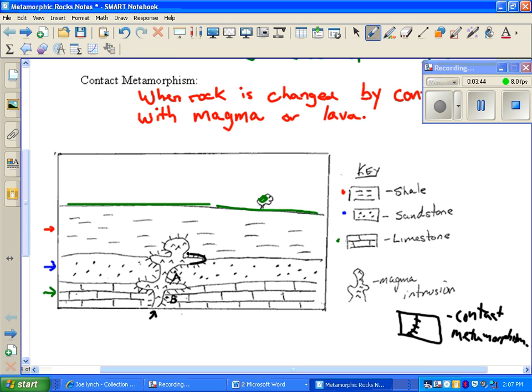So the difference is regional metamorphism is over a large scale, and contact metamorphism is just the rocks that come in contact with the lava or the magma.